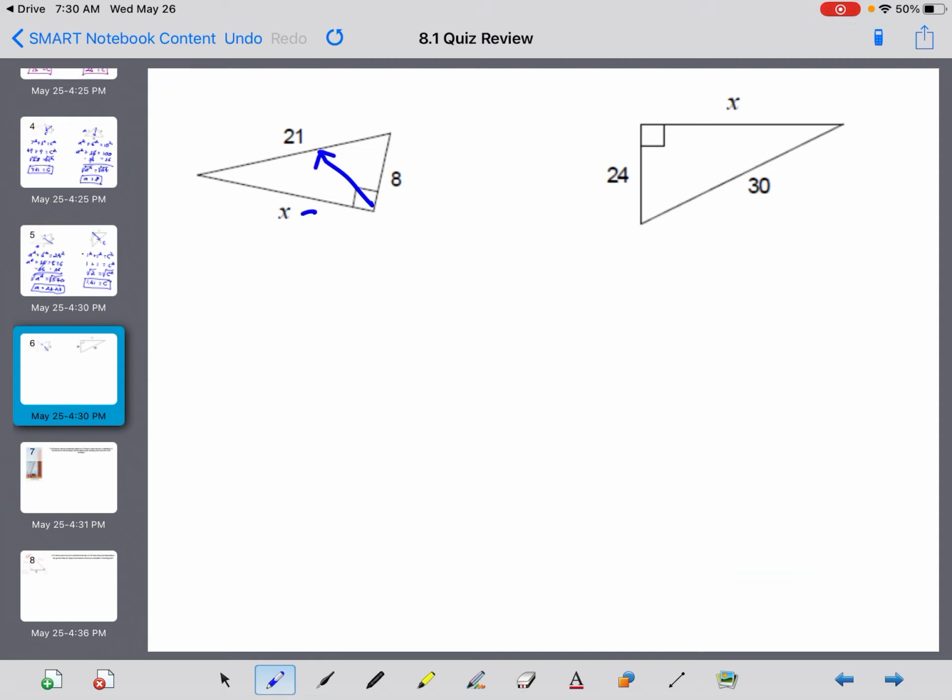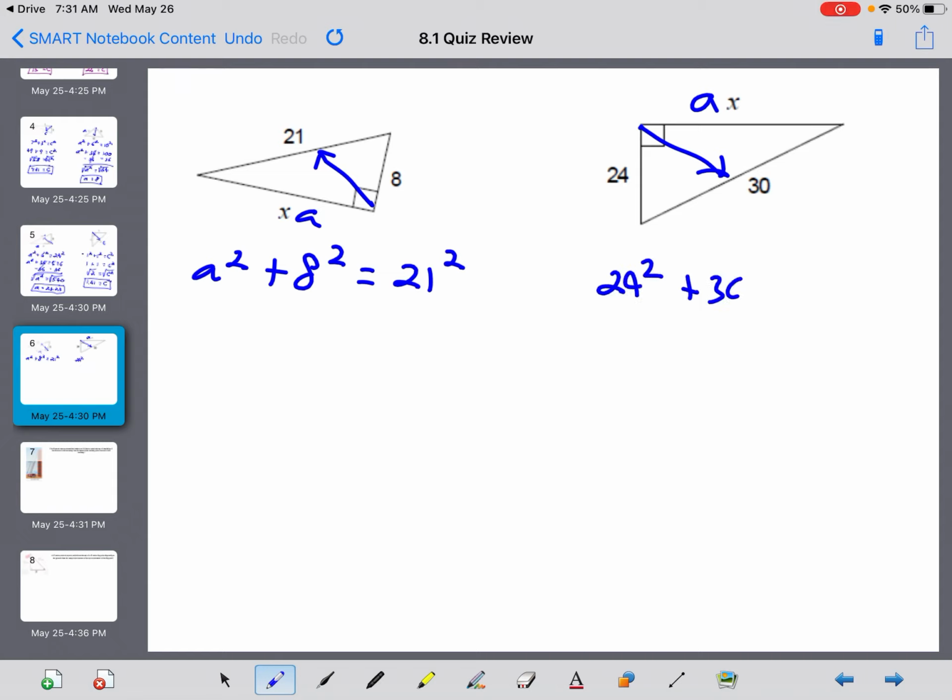Okay, we have a C, so we're looking for A. And again, we have a C, so we're looking for A. So A squared plus 8 squared equals 21 squared. And A squared plus 24 squared equals 30 squared.